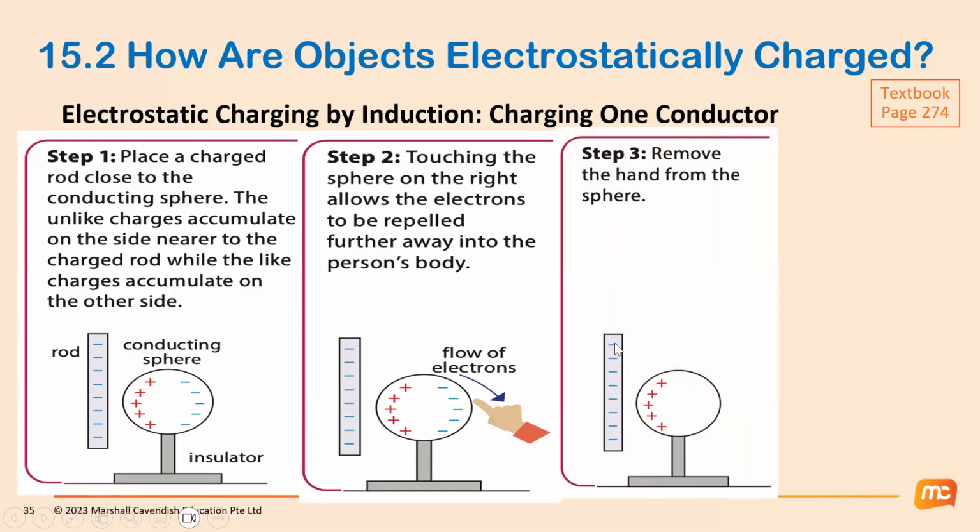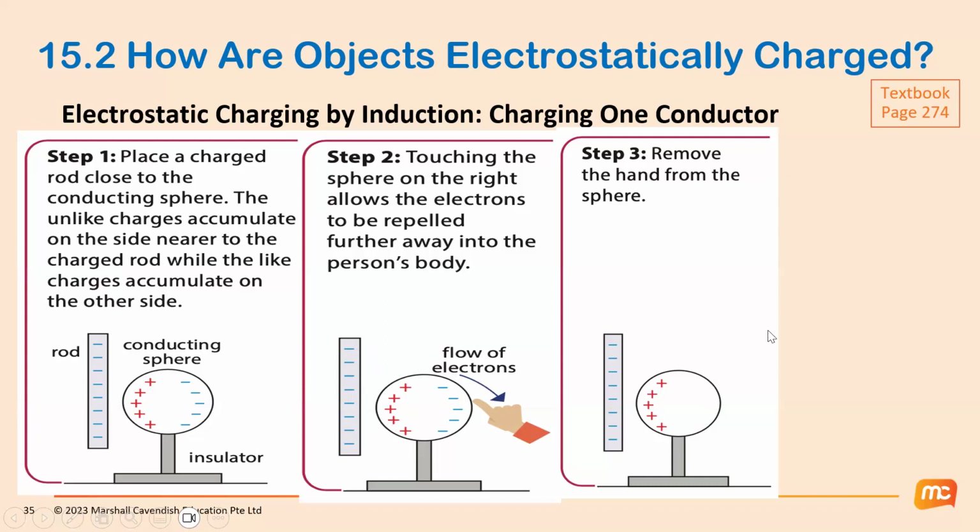I cannot remove this rod while I'm touching the sphere, because once I remove the rod, the electrons will not be repelled and my positive charge will not stay here. So in order for my charges to stay and my electrons to be repelled away, my negatively charged rod must still be in place while I touch the sphere.